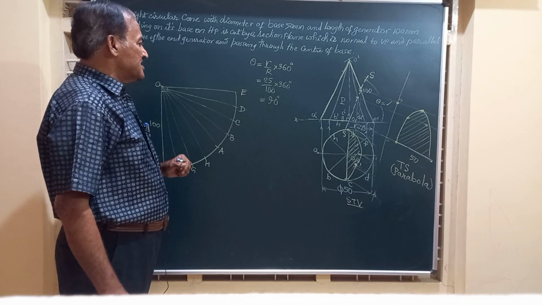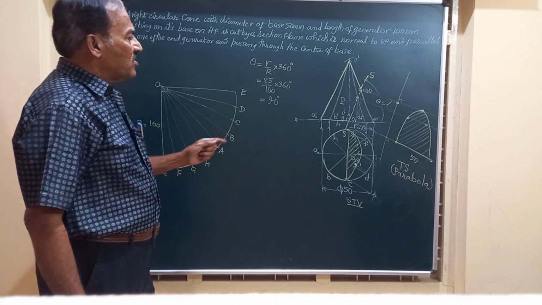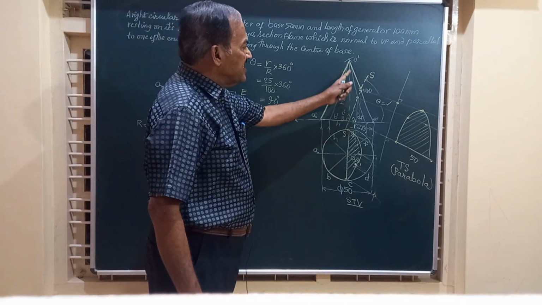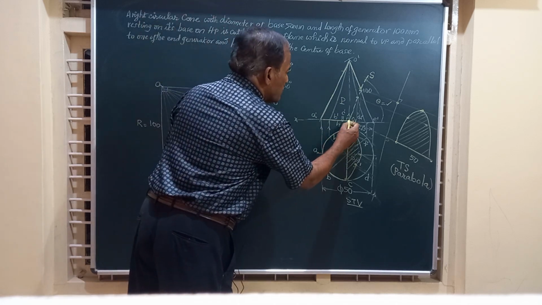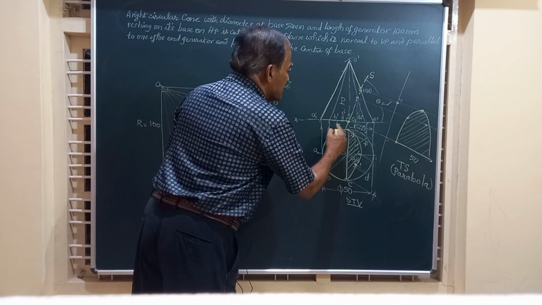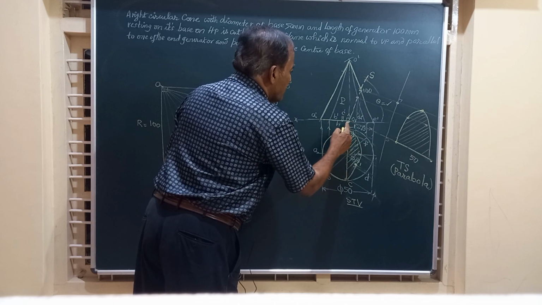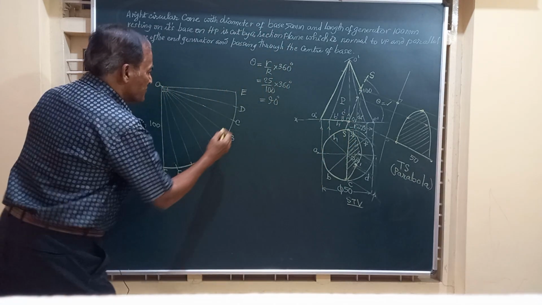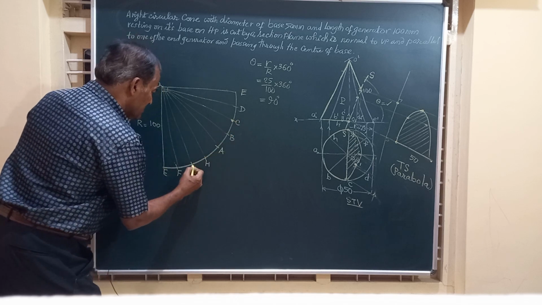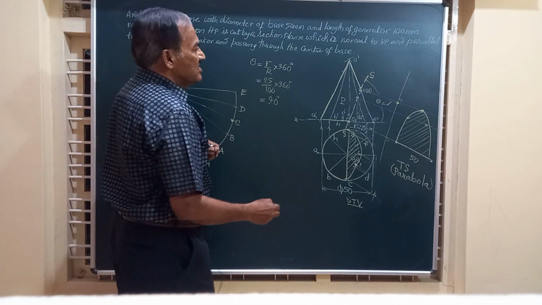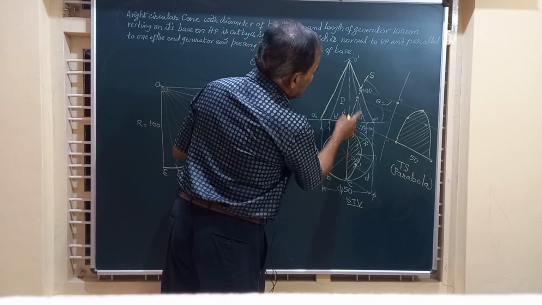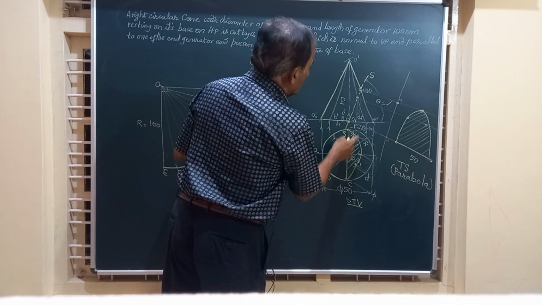After marking this, let us see where all the solid is being cut by the section plane. Friends, if you see the bottommost point, the section plane is passing through C and G. So C is one point, G is another point. So you have got 2 points for the base. So I should get points on OD and OF.